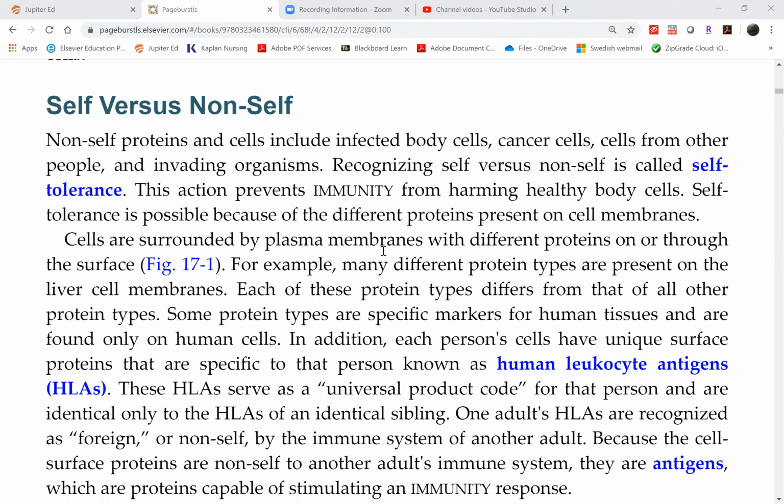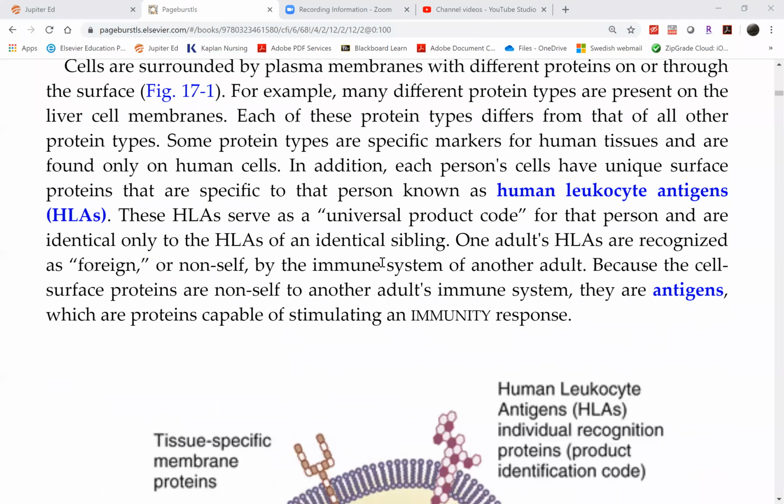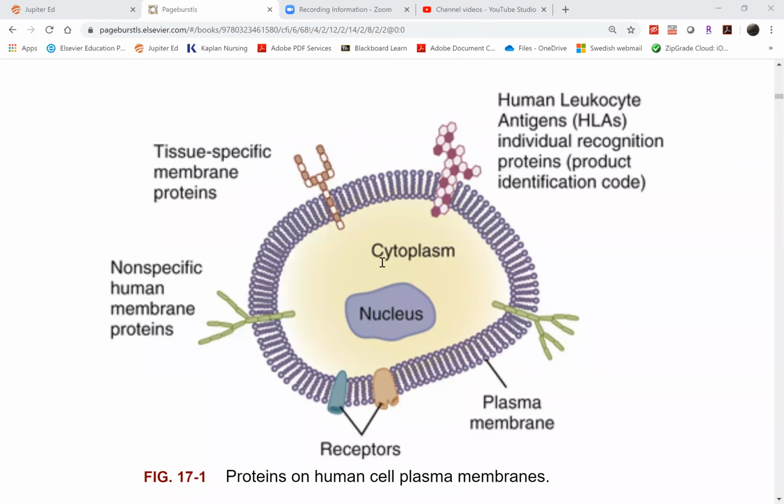So how does the body, particularly your immune system, recognize self from non-self? Each cell, whether it's ours or another person's cell, or bacteria, viruses, fungal organisms, all cells have protein receptors on the cell surface, meaning this gives you your unique ID, your unique identity.